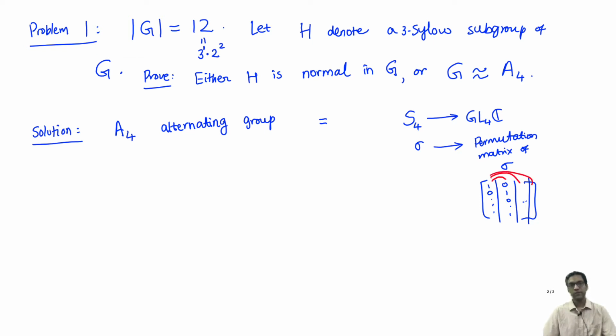Okay, so I just have to permute my columns according to what sigma does. This is just something for you to recall if you look back on the lecture on normal subgroups.